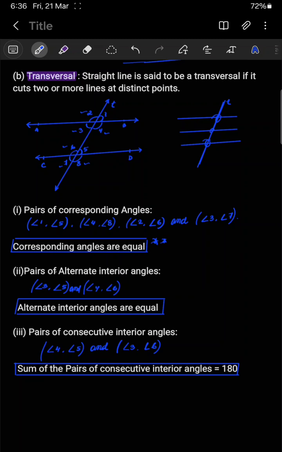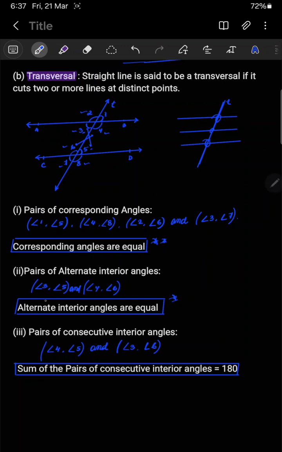Next are the pairs of alternate interior angles. Here again, angle 3 and angle 5 are alternate interior angles. Then angle 6 and angle 4 are also alternate interior angles. Another important concept is that the pairs of alternate interior angles are equal.